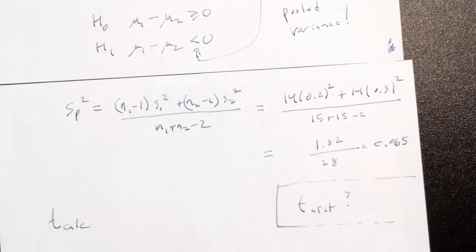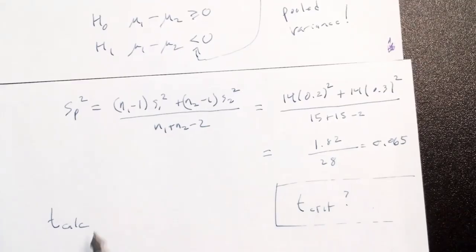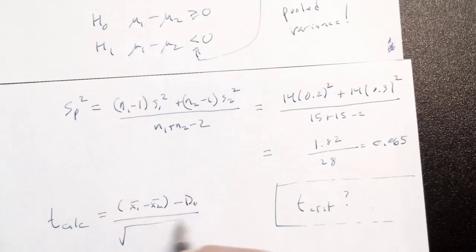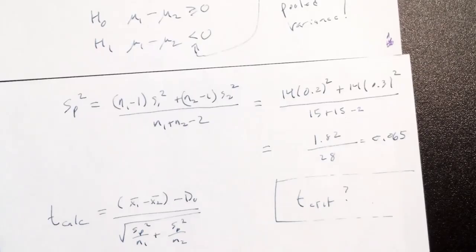T calculated is x1 bar minus x2 bar minus my expected difference over SP squared over N1 plus SP squared over N2. That's why I didn't bother to take the square root. I just left it as SP squared because I only ever use it as SP squared.